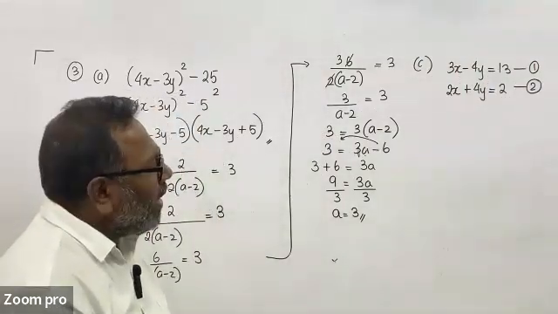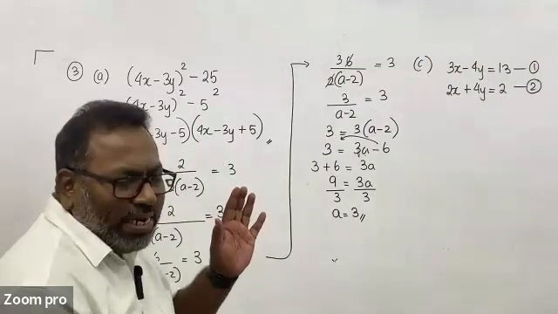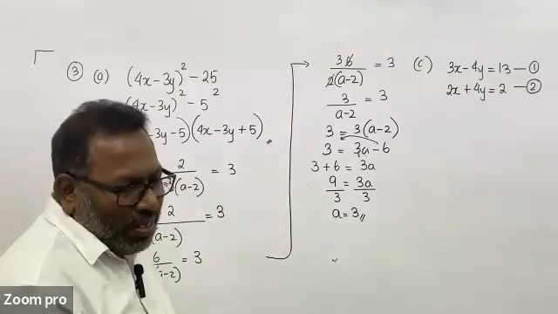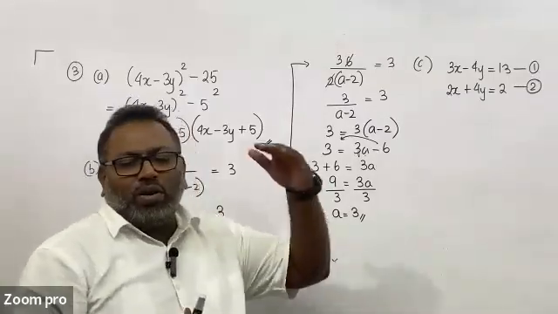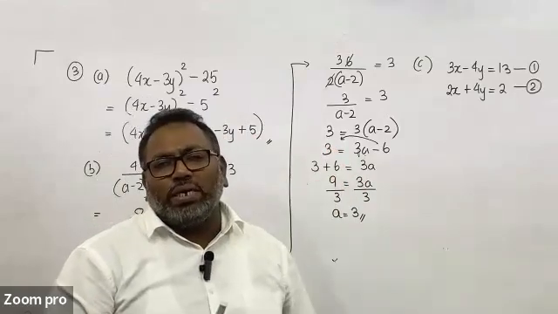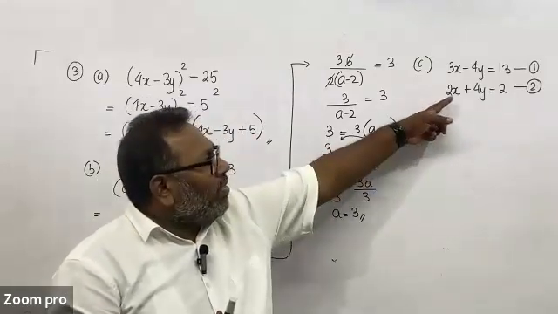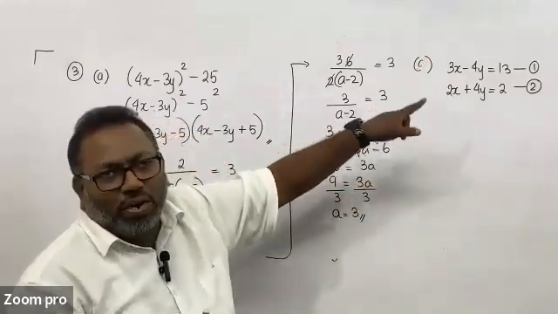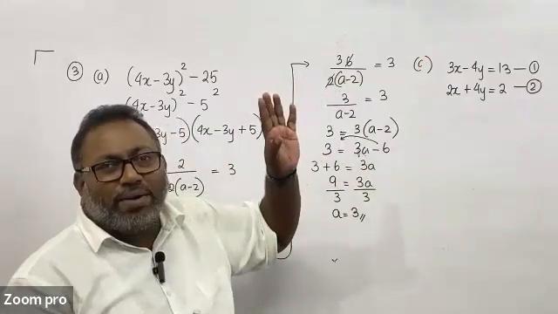Now, in order to do a simultaneous equation, you have to eliminate either x or y. To eliminate, the coefficients of one of the two unknowns have to be equal. Here for x, you have 3 and 2. For y, you have 4 and 4. So good, we can eliminate y now.